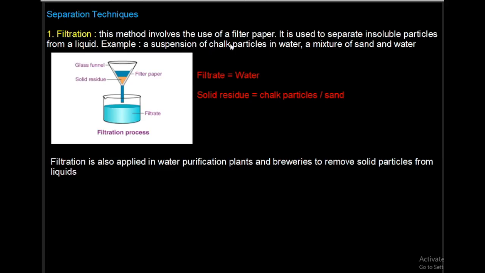Now for these two mixtures, a suspension of chalk particles in water and a mixture of sand and water, you will discover that the chalk particles do not dissolve in water. Sand also does not dissolve in water. So whenever we have an insoluble particle in a liquid, filtration separation technique is employed.